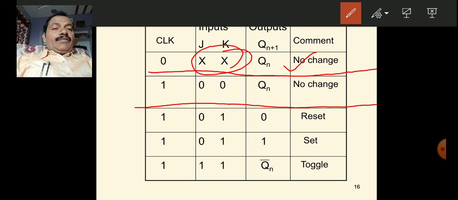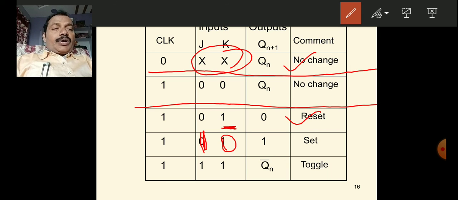Okay. Now whenever clock is 1 and J is 0, K is 1, K is 1 means it is reset. So the flip-flop is reset to 0. Already we have explained in the diagram in detail. When clock is 1 and J is 1, K is 0, by mistake it printed differently, but it is 1 0.